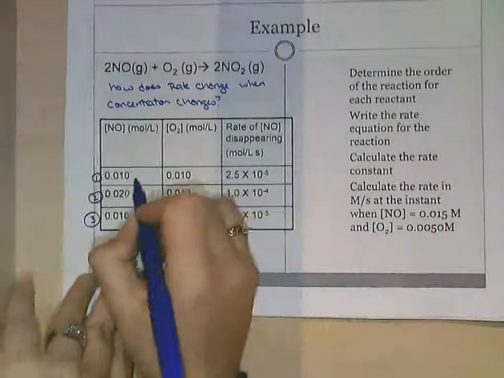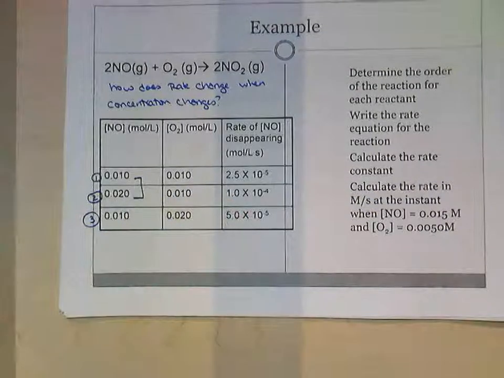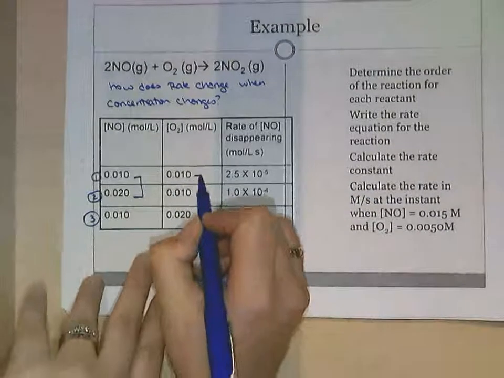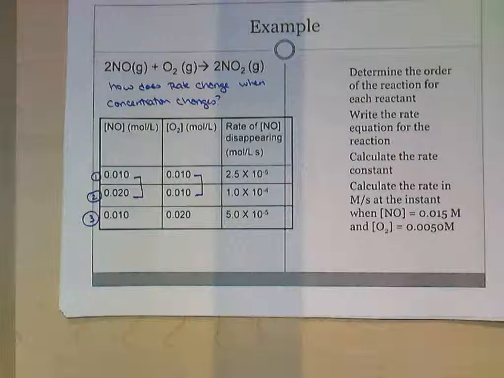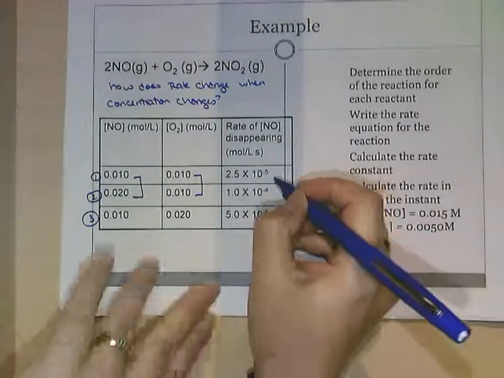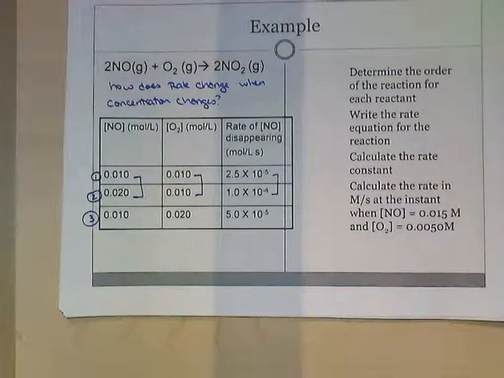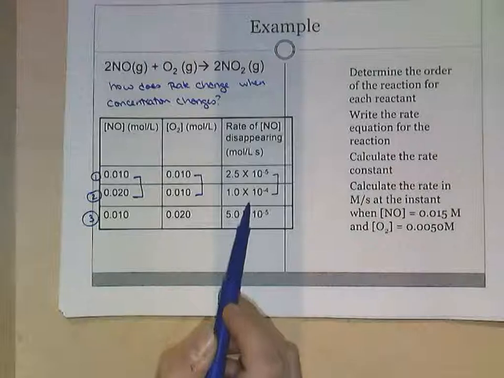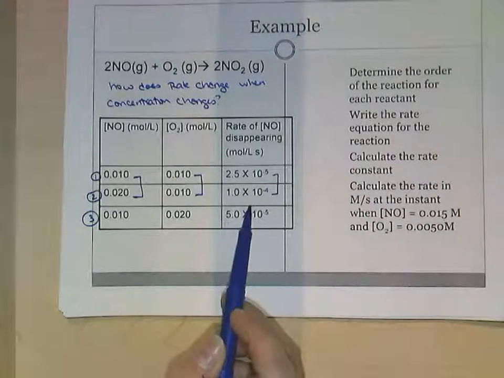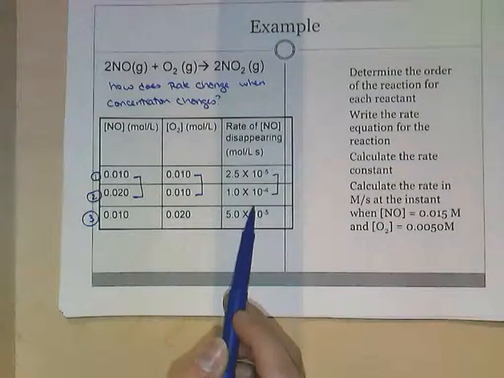Right, it doubled, and what happened to my oxygen concentration? Stayed the same. So if I compare those two rates, doubling the concentration of NO will be the only thing that changes the speed of this reaction. Right, does that in words make sense?